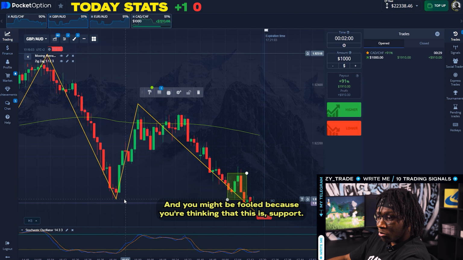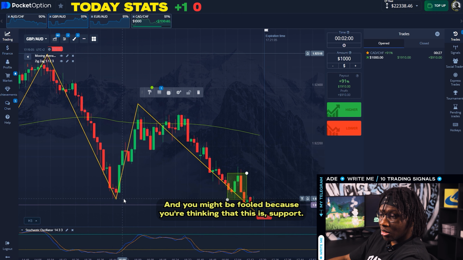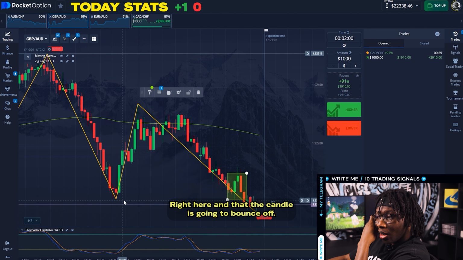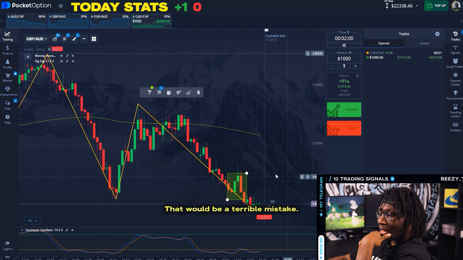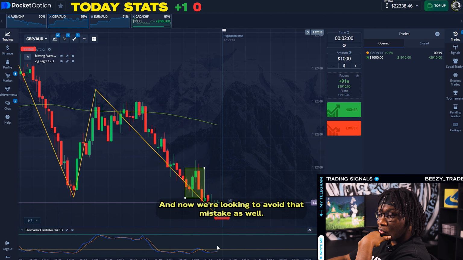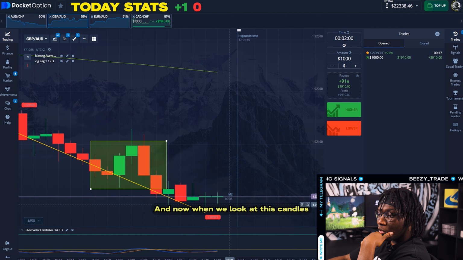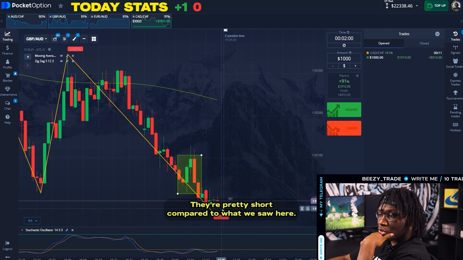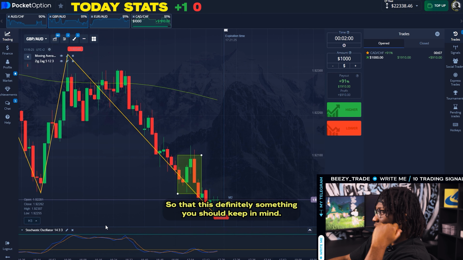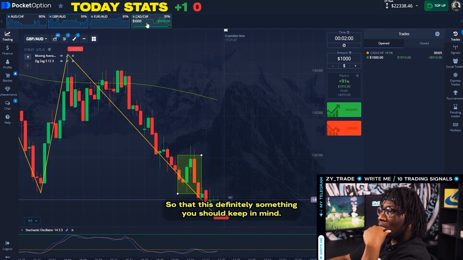And you might be fooled because you're thinking that this is support right here and that the candle was going to bounce off of it. That would be a terrible mistake. And now we're looking to avoid that mistake as well. And now when we look at these candles, they're not really showing huge strength at all. They're pretty short compared to what we saw here. So that's definitely something you should keep in mind.